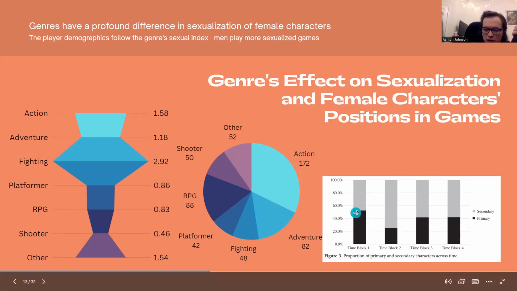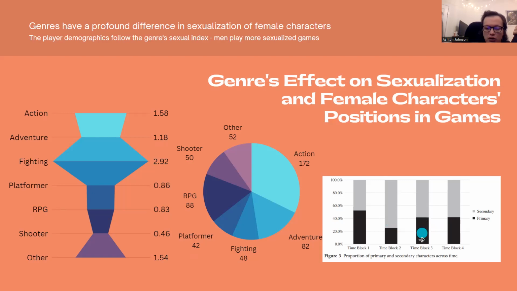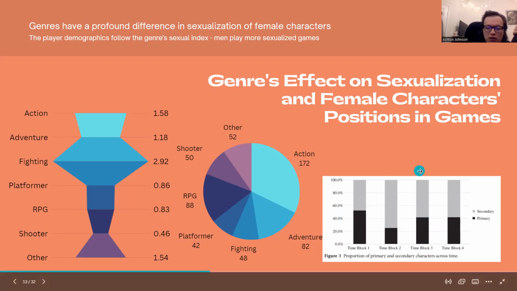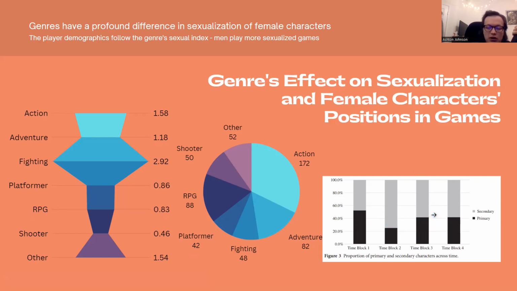So we can see that in time block 1, which was the 80s, we had a near 50-50 split between protagonists and secondary characters. Time block 2, most were in the secondary category, and then it's kind of balanced out to 40% protagonists and 60% secondary.